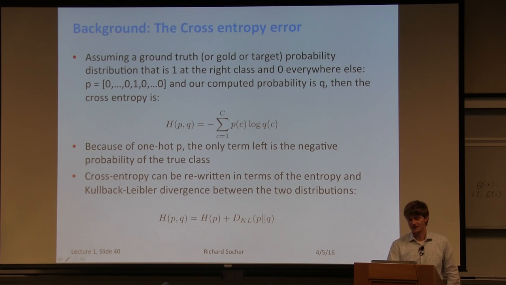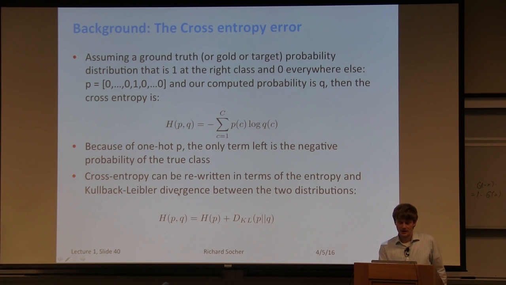Now, the cross entropy for P and Q is defined as the negative of the sum of the probability of each class times the log of the probability that we predict for that class. Since we define P to be this one-hot vector, each term is either 0 or 1, and so we only care about the log of the probability of the class we actually try to predict.